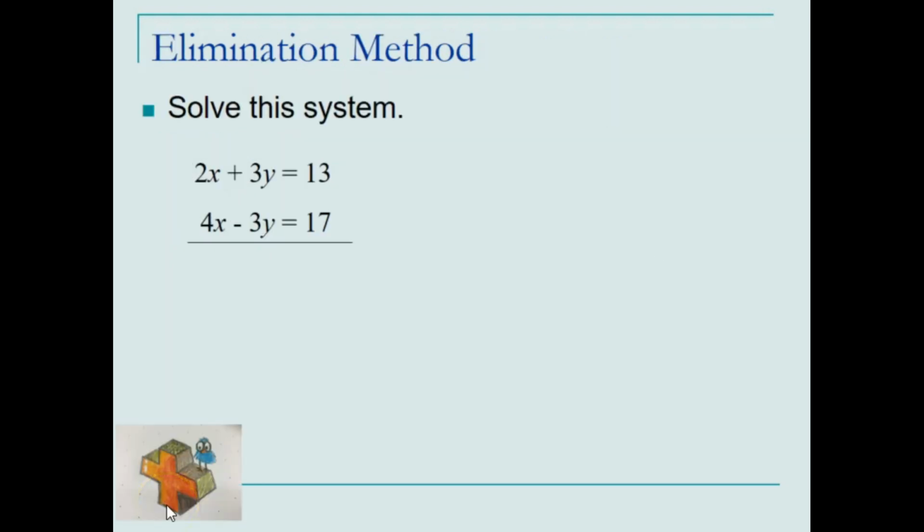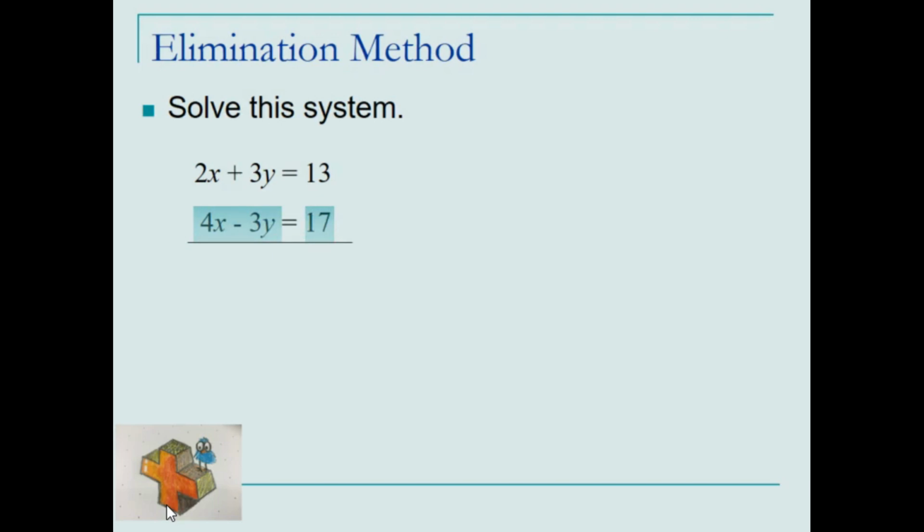The third method for solving a system of equations is called the elimination method, or sometimes it's referred to as the combination method. And it is based on the following principle. Our second equation has two quantities that are equal to one another.